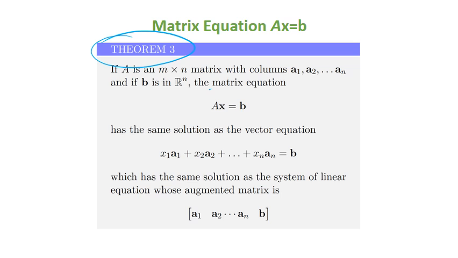It can be viewed as a matrix equation, a vector equation, or as a linear equation with an augmented matrix. All of these are solved in the same way, by row reducing the augmented matrix. Okay, so all of these things are the exact same thing.